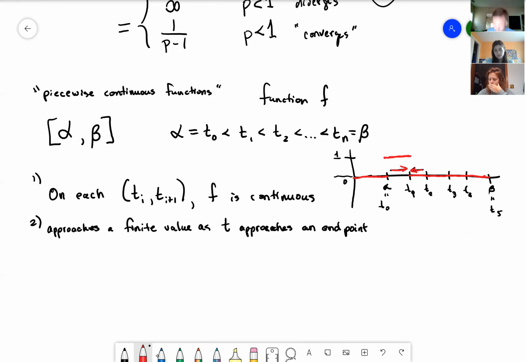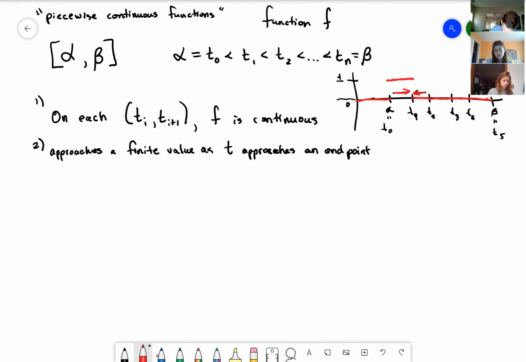As we come in from the right-hand side at T1, we're approaching 0. So these limits don't have to match. That's fine, just as long as they're finite. So we chop it up into pieces. It's continuous, and the limits are finite at each of those points. Of course, on this side, we can only approach from the right side, so we don't worry about the left. Here's an example of something that's not piecewise continuous. If we were to include a piece over here that went up to infinity, that would not be piecewise continuous.